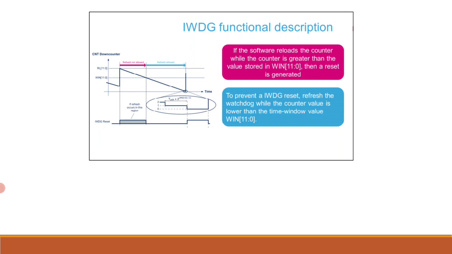If the software refreshes the watchdog while the down counter is greater than the value stored in the window register, then a reset is generated as well. To prevent a watchdog reset, the refresh must occur when the down counter value is other than 0 and lower than the time window value.